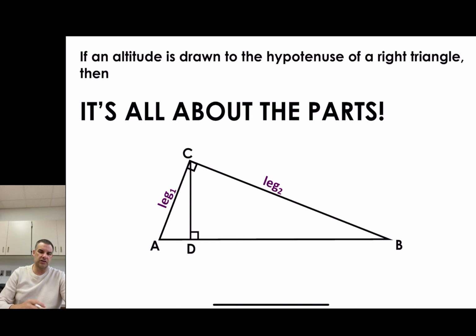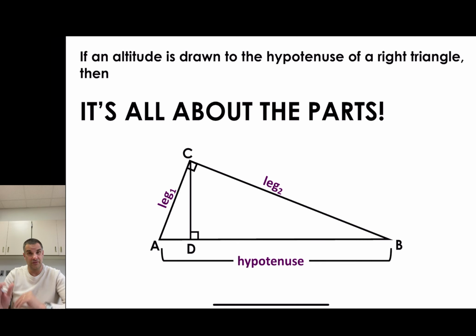So if we've got this right triangle, we've got leg 1, leg 2, and the hypotenuse down there. That hypotenuse is the whole thing. But you'll also notice that leg 1 is the hypotenuse of ACD, and leg 2 is the hypotenuse of CDB. And then we've got that altitude sitting in there as well.